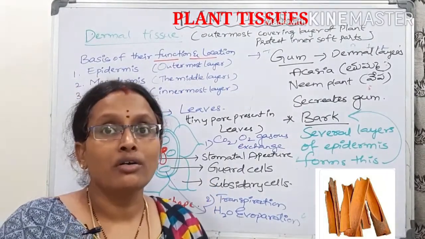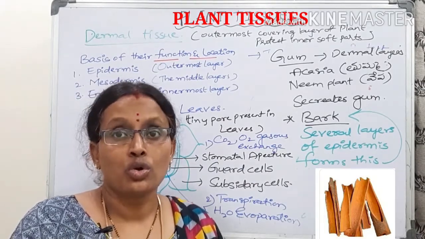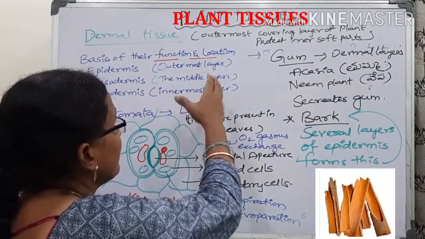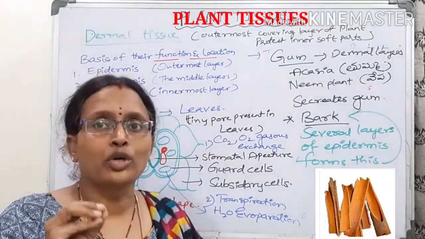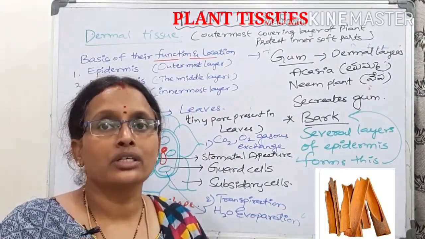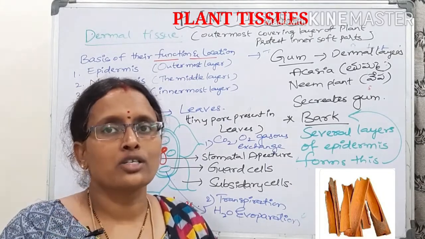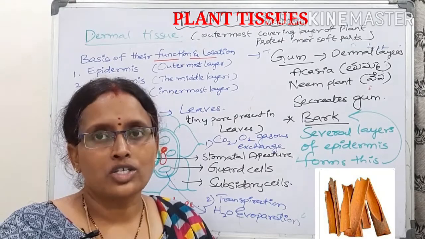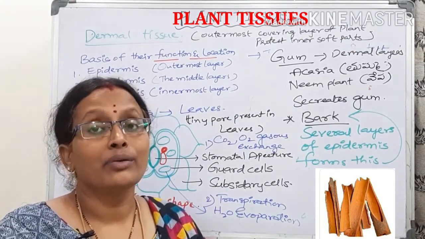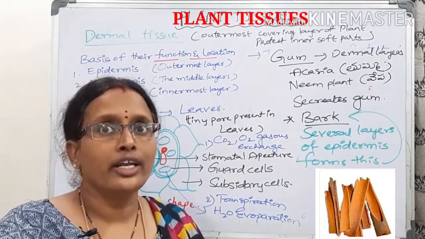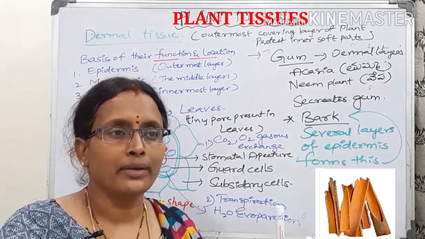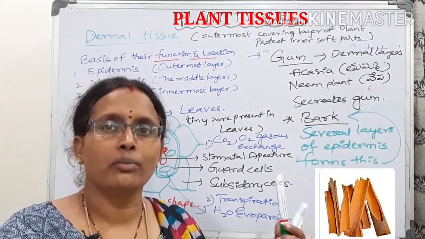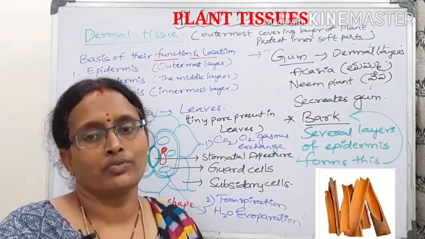Then coming to the functions of the dermal tissues. The main function, already in the definition itself, is protection. It is going to protect the innermost parts of the plant from the outer environment. There may be hot temperatures and cold, everything will be there in the outside environment. They protect the inner parts of the plant.